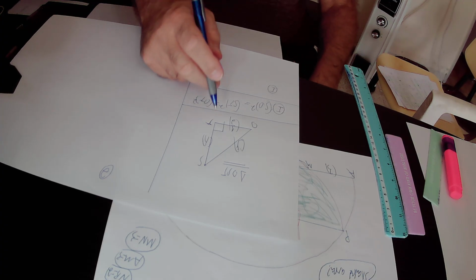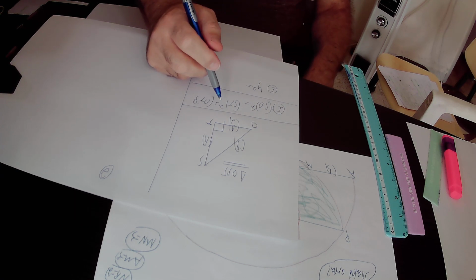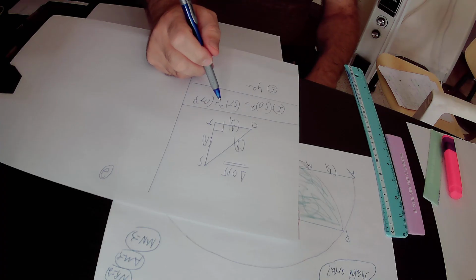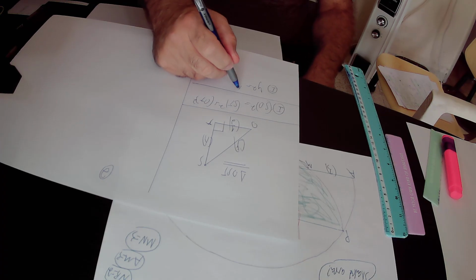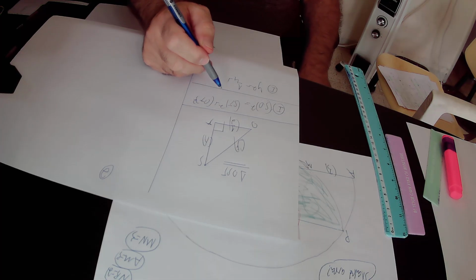SO is y, therefore SO squared is y squared, and it equals ST squared plus OT squared. OT is 1/2, therefore OT squared is 1/2 squared, that is 1/4, plus ST squared. ST is h, therefore ST squared is h squared.